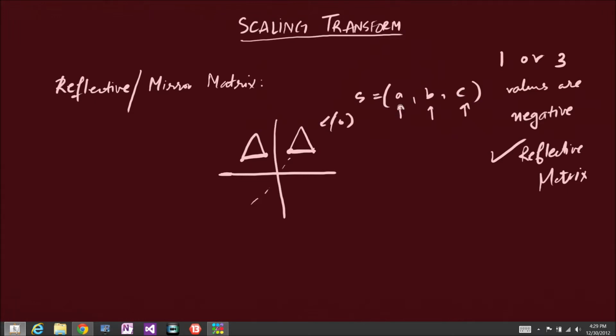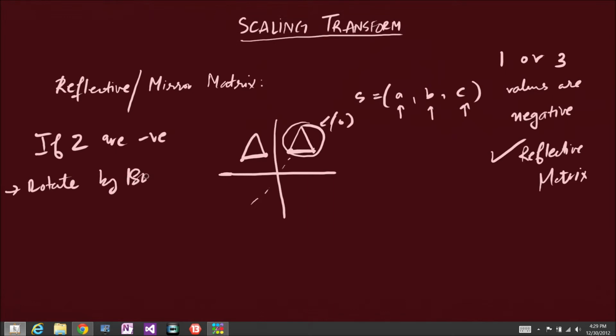If you only have two coordinates that are negative, then this object will rotate by pi radians, which is 180 degrees. So if two are negative, then it rotates, and it will rotate in the respective axis.